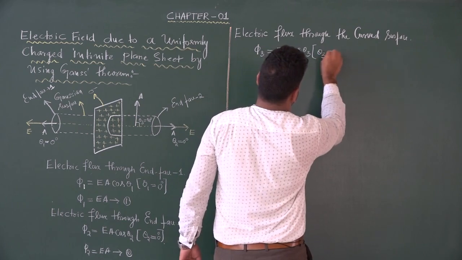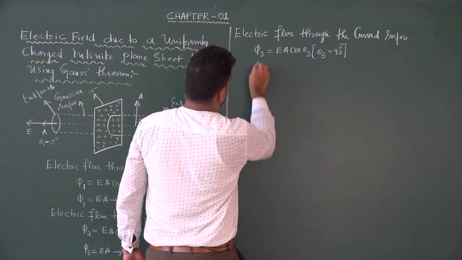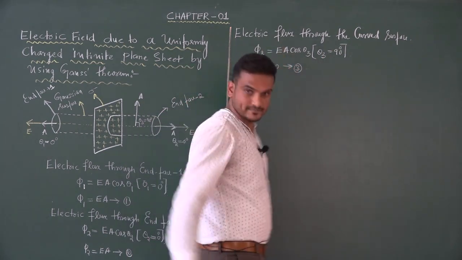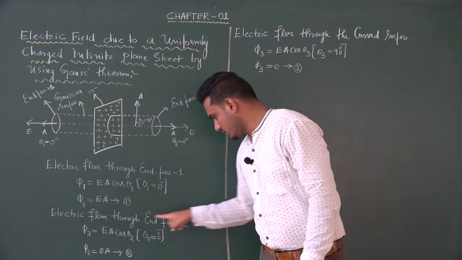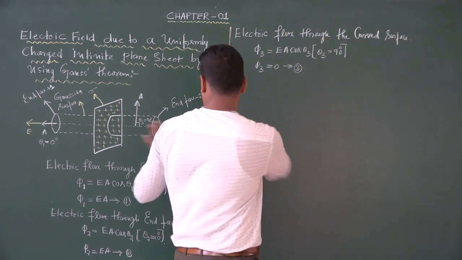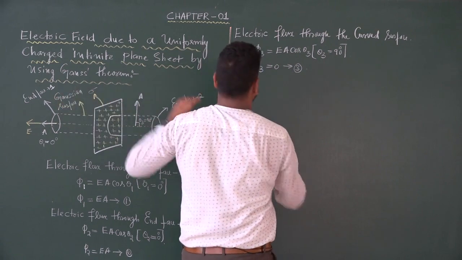So theta 3 is equal to 90 degrees, cos 90 is 0. So phi 3 is equal to 0, equation number 3. Electric flux through end face 1, end face 2, then electric flux through the curved surface, we got it.